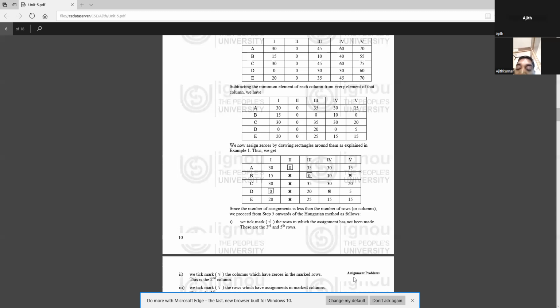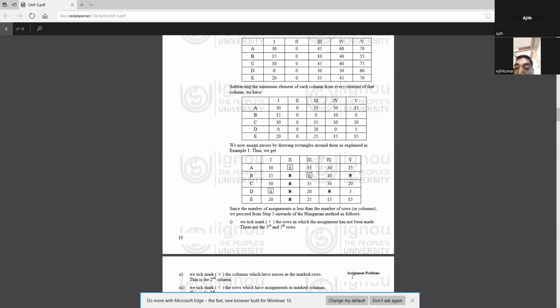So the condition is not satisfied, and we have to apply the Hungarian method. We already discussed the Hungarian method. Unselected rows we have to tick mark, and in which row having only 1 zero selected, that row and that column are also selected, and the selected column we strike out, and unselected rows we strike out. That is the Hungarian method.